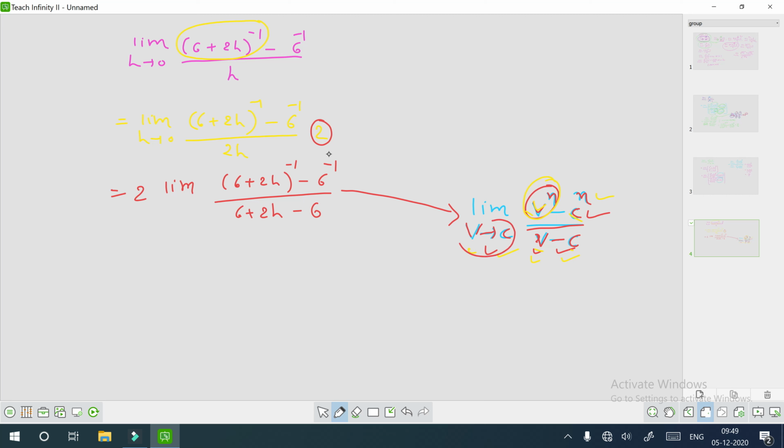We need variable tends to constant. So can I write here 6 plus 2h tends to 6? Yes, put the reason. h tends to 0 implies 6 plus 2h tends to 6. Put h equal to 0 here, what we get? 6. Clear?